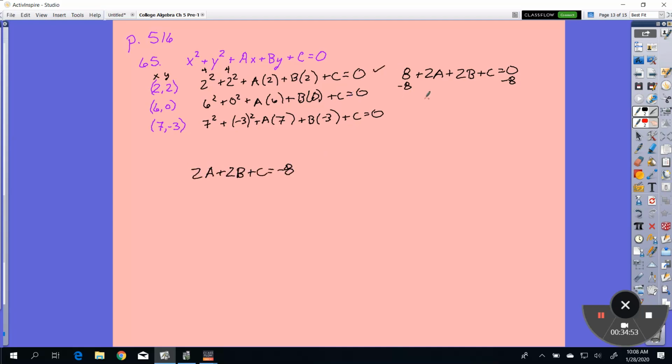The next one, 6 squared is 36. 0, 6a, no b's, plus c equals 0. So I minus the 36 over. So I have 6a plus c equals negative 36. Now the last one, 7 squared, negative 3 squared is 9, plus 7a minus 3b plus c equals 0. 49 plus 9 is 58. So I minus the 58 over.